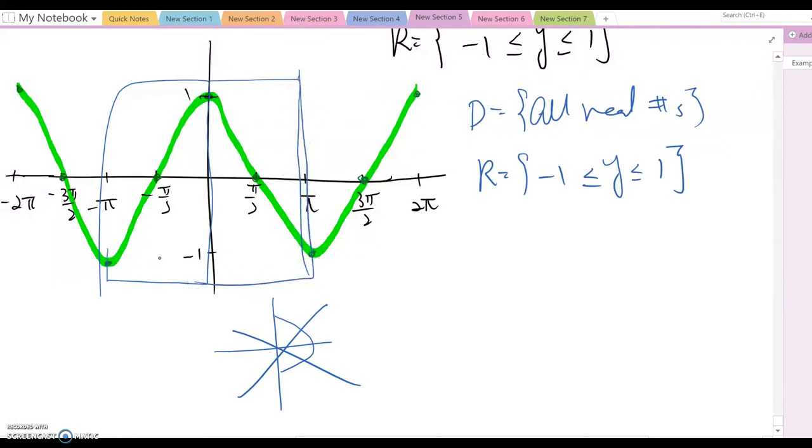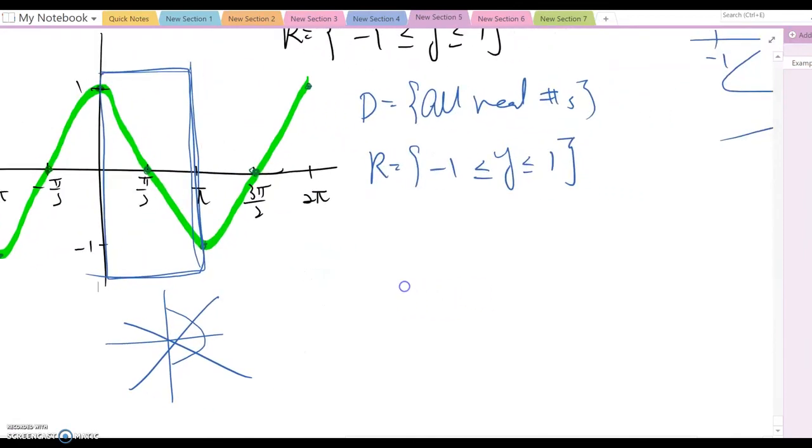But if we choose, then we prefer choosing the positive side. It doesn't mean you cannot choose the negative side, but normally we want to move toward the right side rather than the left side. Therefore, we choose this range instead here. Okay?